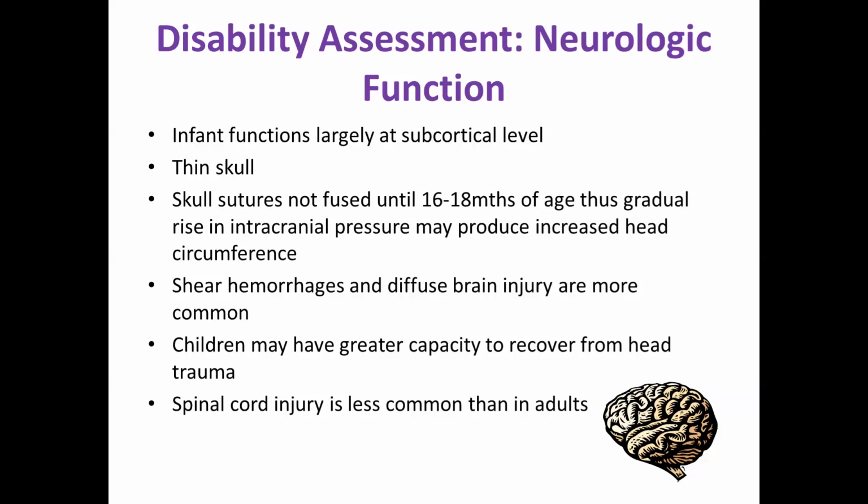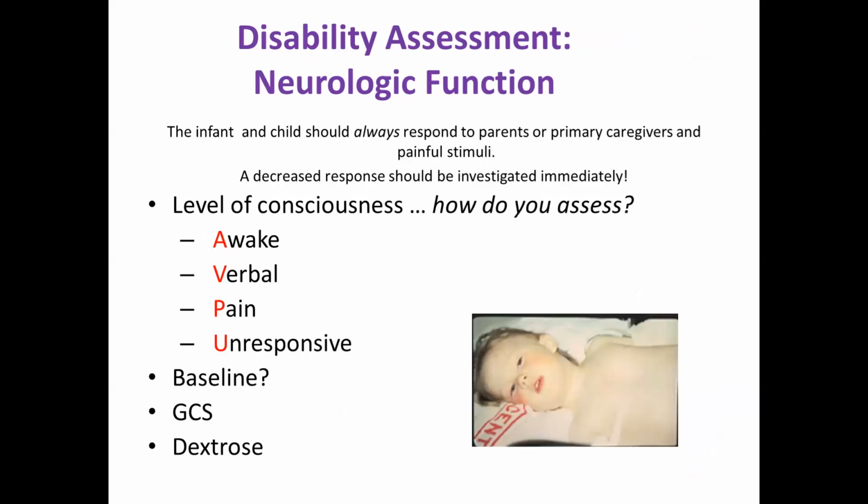They have a thin skull, with sutures not fused until 16 to 18 months of age, and therefore a gradual rise in intracranial pressure can produce increased head circumference. Shear hemorrhages and diffuse brain injury are more common. However, kids have a greater capacity to recover from head trauma, and spinal cord injury is less common in a pediatric patient compared to adults.